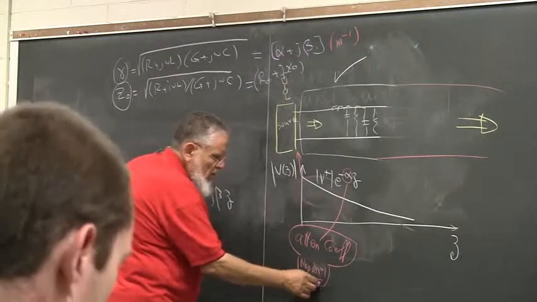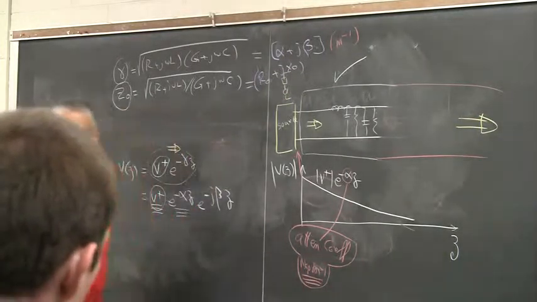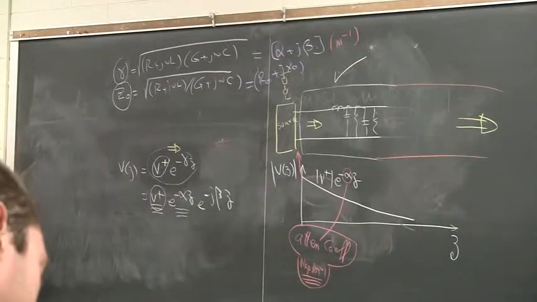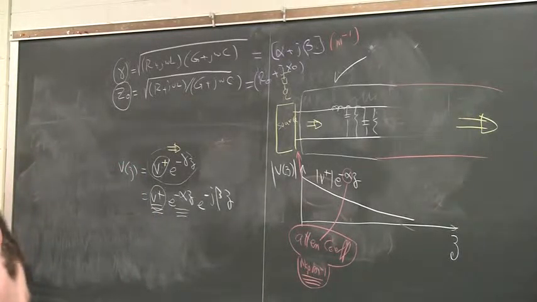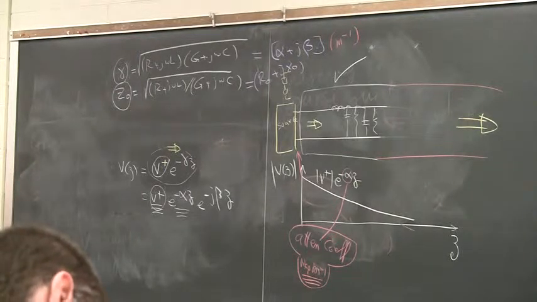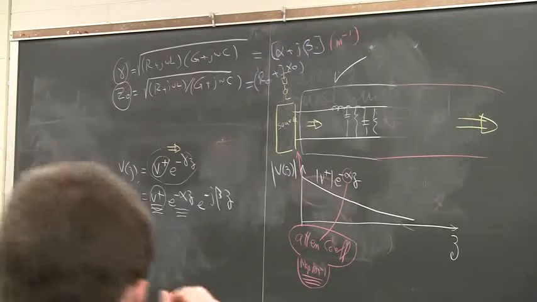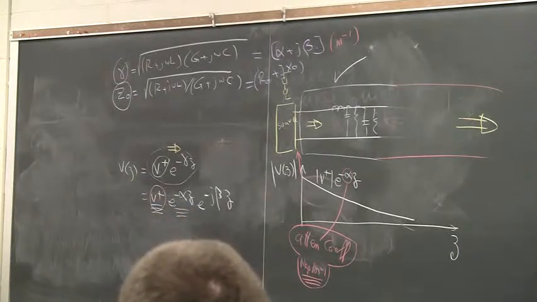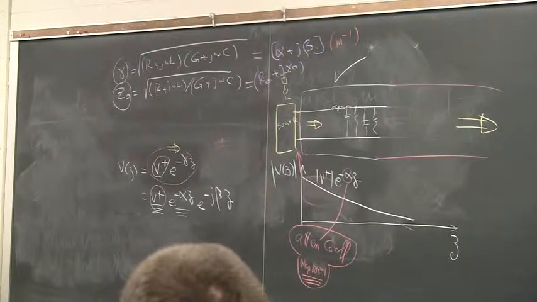Nepers meter to the minus 1. So the Neper is the unit for the attenuation, and per meter becomes meter to the minus 1. And you can easily convert between the natural log and the log to the base 10. So that is our alpha, the attenuation coefficient, in Nepers per meter.